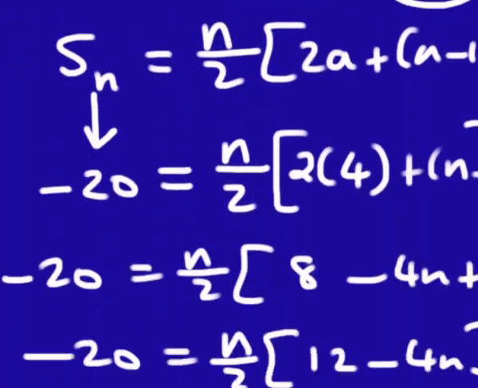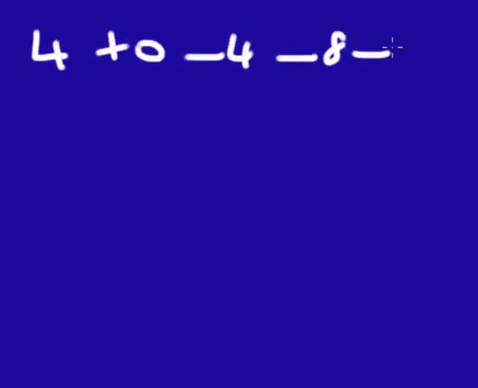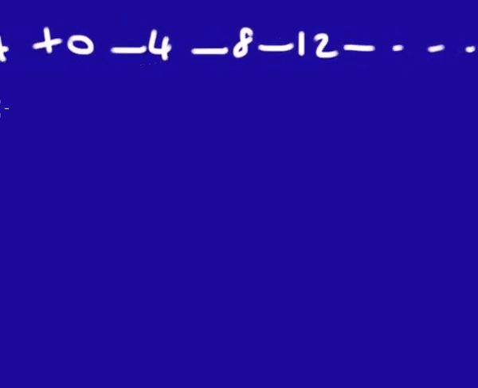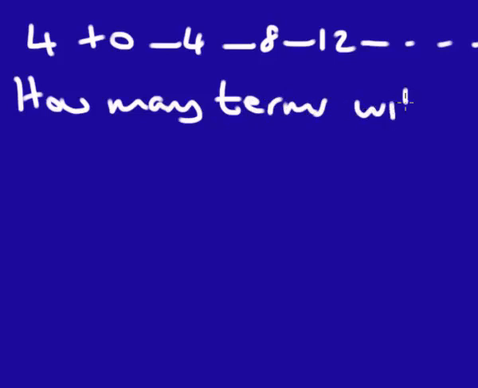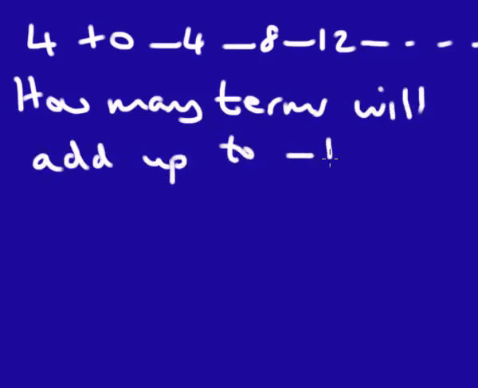So let me give you another question. So I said to you, here's your series. Okay, so it's 4 plus 0 minus 4 minus 8 minus 12 going on. And I said, how many terms will add up to negative 140?